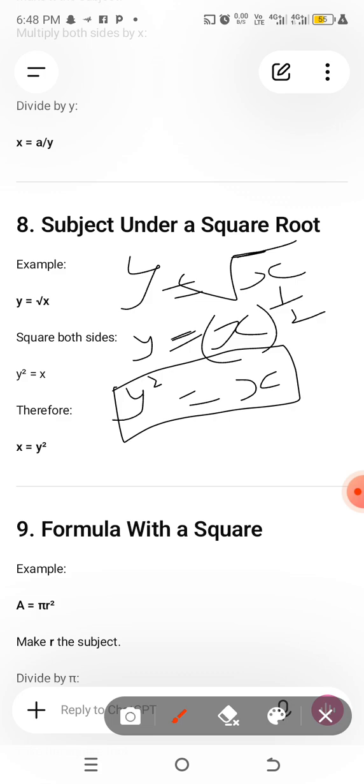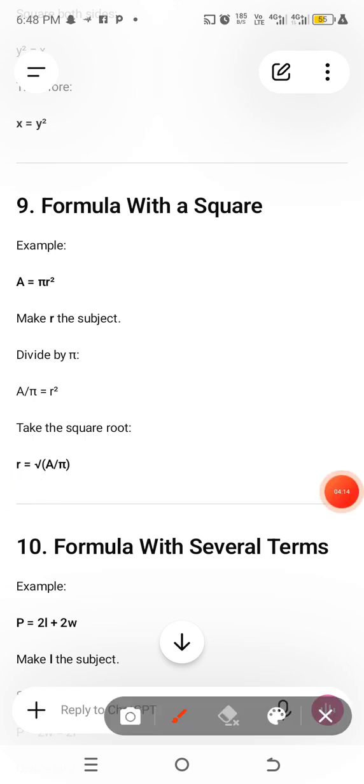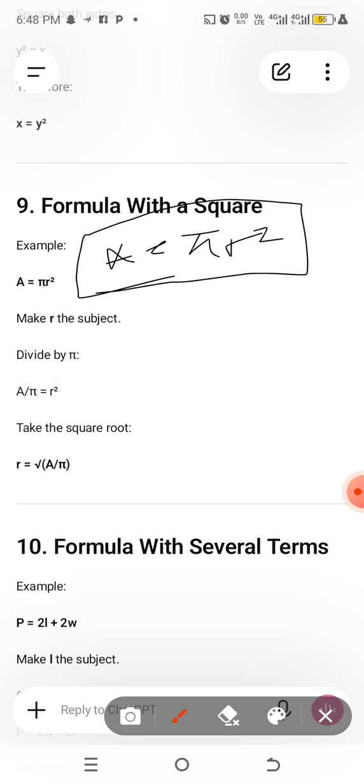Do you understand me? Now when they ask you to change the subject of a formula by using a formula like this one now, A equal to pi r square, like what I taught you in area of a plane shape. This formula is for which shape? It is for the circle, right?